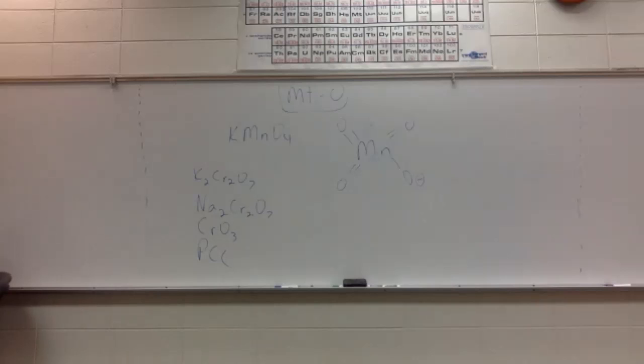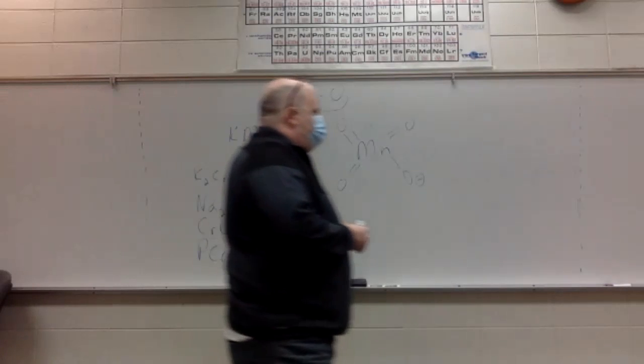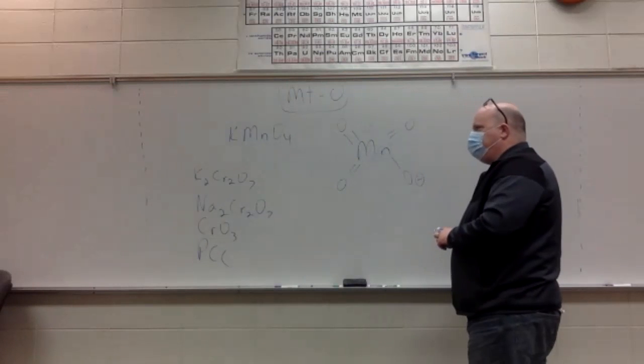And we're going to see later on, the source of chromium can actually determine its oxidizing strength. These aren't all necessarily created equal as far as how strong they are. In fact, PCC is notably weaker than the other three. We're going to see an example of that.